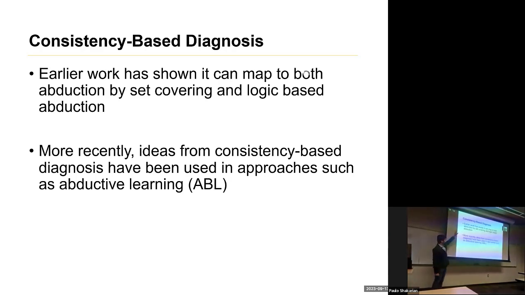So, getting to your point, there is work that shows that for variants of this, there's equivalences in both logic and the set covering version. And we are going to talk more about this next week when we get into ABL, which does this approach, but in kind of a novel way.